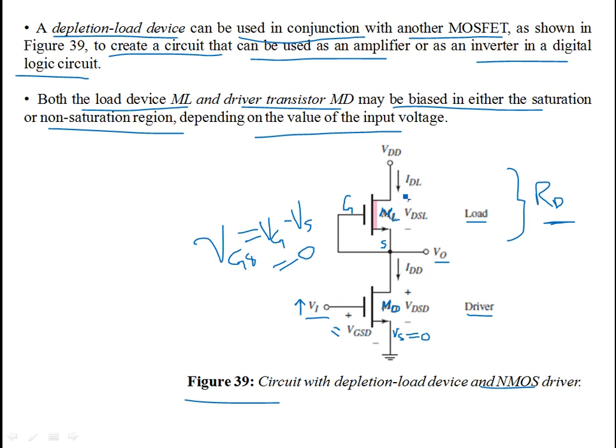So ID of the driver and ID of the load are basically the same series current, and due to that, you remember that the IDRD drop increases. As Vi increases, the IDRD drop increases. As a result, the output voltage decreases. So it's like an inverter circuit. On the other hand, if your Vi is decreasing, then your Vout is increasing.